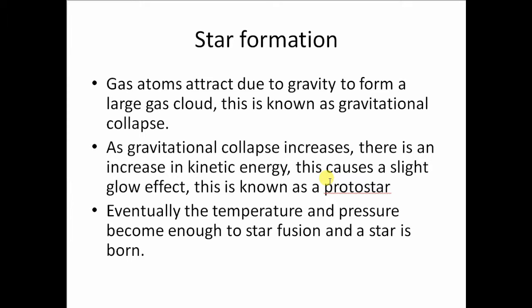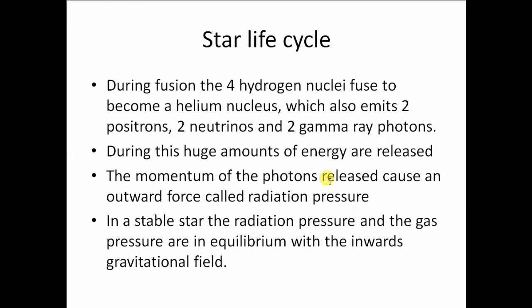So a star life cycle: as a main sequence star, during fusion you'll have 4 hydrogen nuclei which will form to become 1 helium nucleus, 2 positrons, 2 electron neutrinos, and 2 gamma ray photons. Of course, when fusion occurs, huge amounts of energy are released.